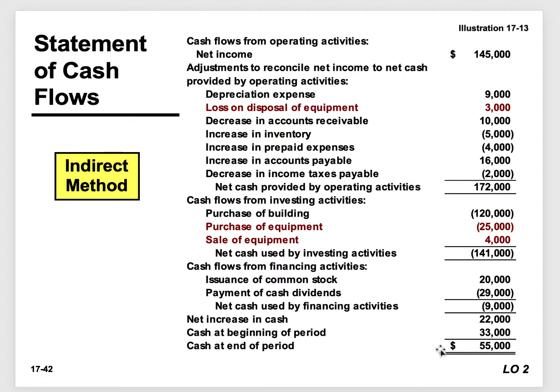So notice what we have here. We have the sale of equipment for $4,000. That's under the investing activities. We have the loss on disposal of equipment for $3,000. And then we bought another piece of equipment on top of selling this. We see that here too under the investing activities as purchase of equipment.